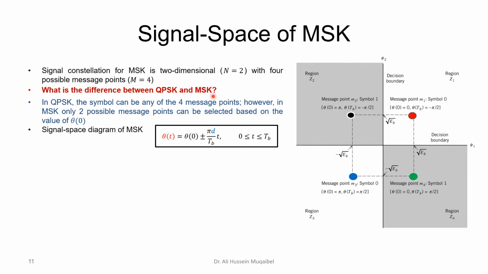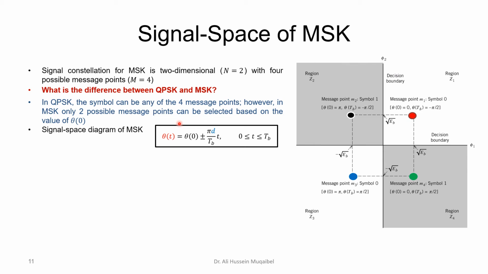The difference is that in QPSK the symbol can be any of the four messages. So at any given time we can send 1 out of 4, which means we are sending 2 bits per transmission. However, in the case of MSK, there are only 2 possibilities out of the 4, and that's because we want to control the phase shift and keep the phase continuity.